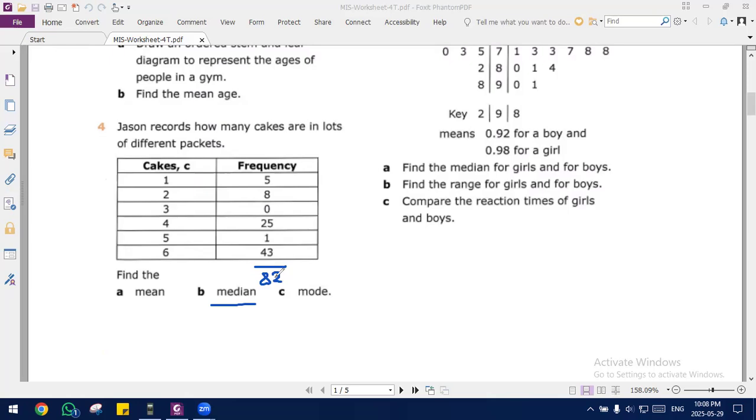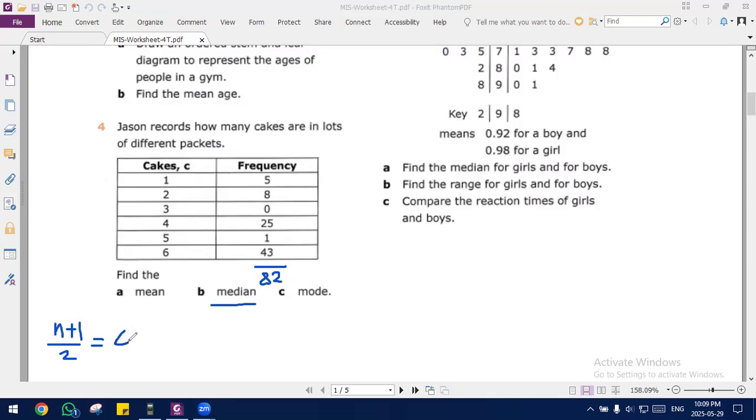There is a formula to find the place of the median, which is n plus 1 over 2. N is 82 plus 1, 83. 83 divided by 2, which is 41.5.